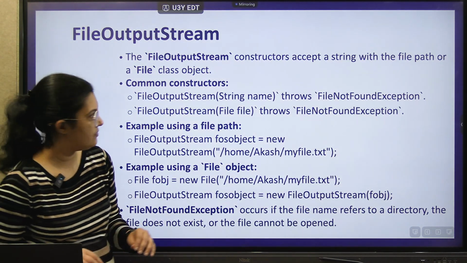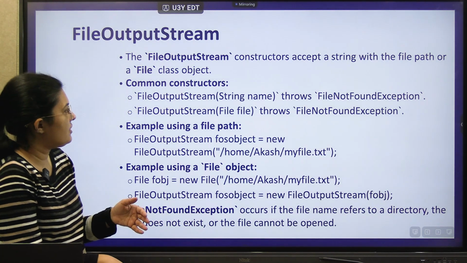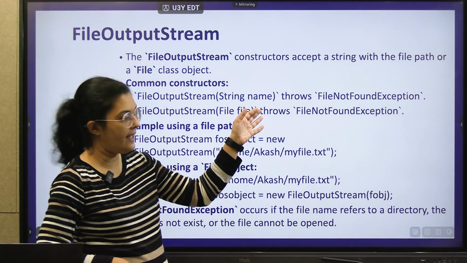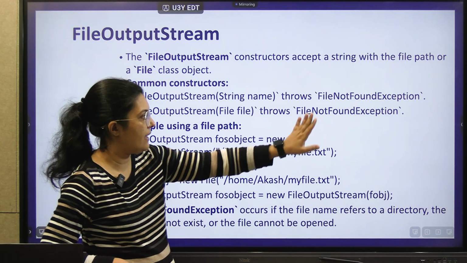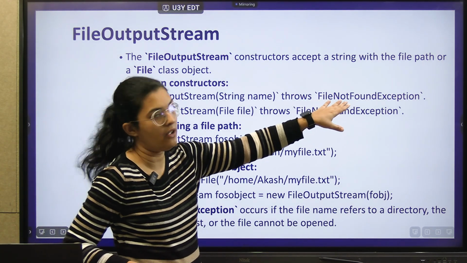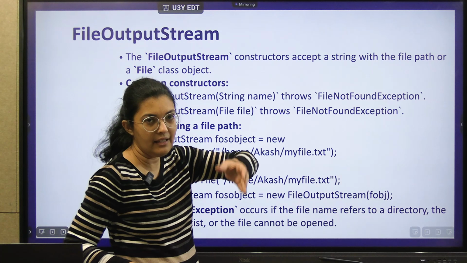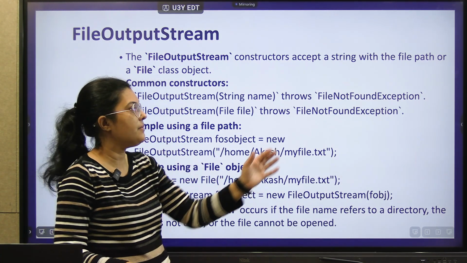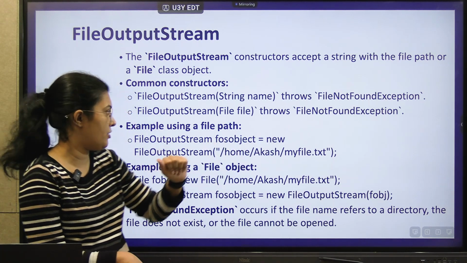Now in this class, the constructor gives two options. First, you can pass the string value, and it throws one exception, FileNotFoundException, if you give an incorrect path and your file does not exist at that path. At that time, this exception will be thrown automatically.